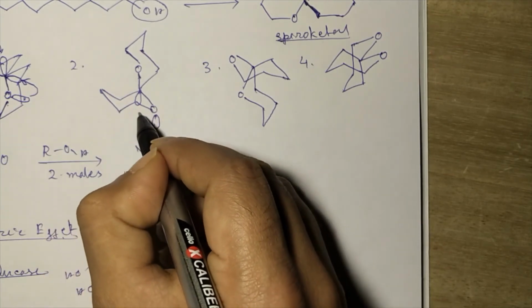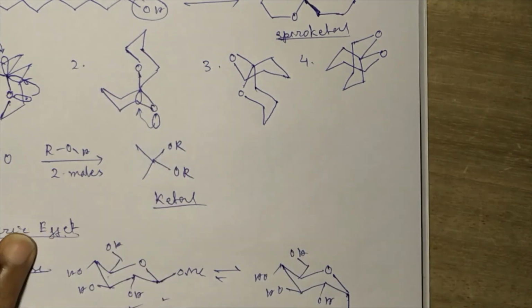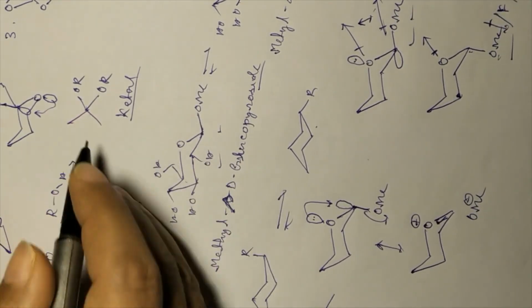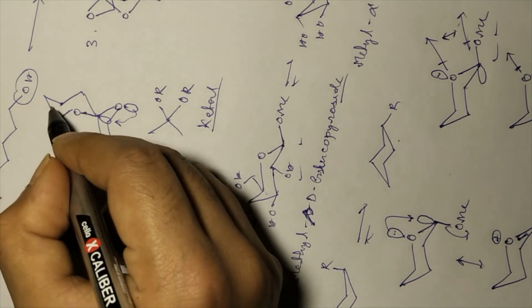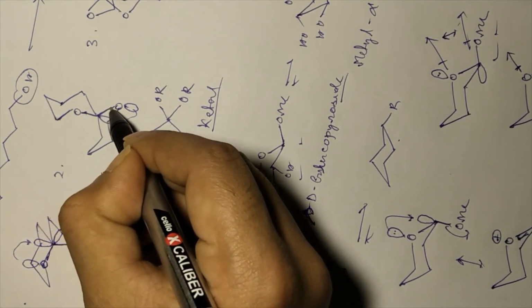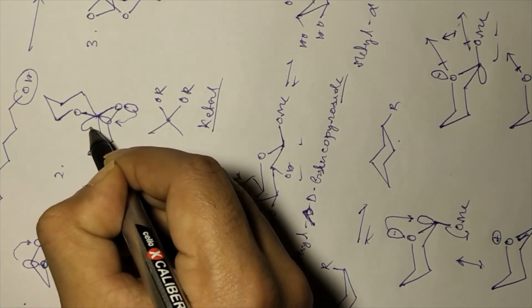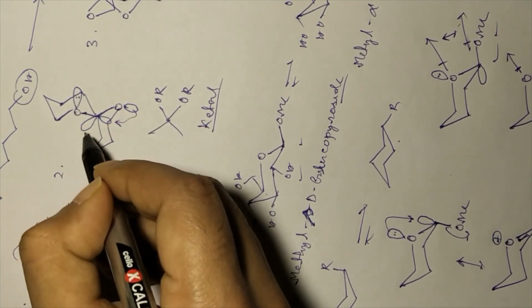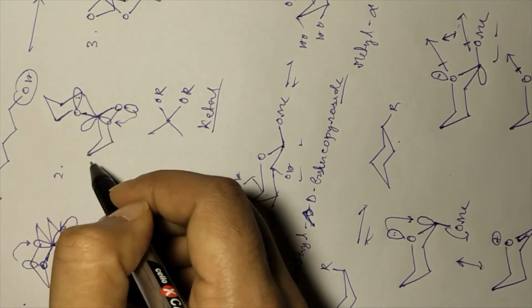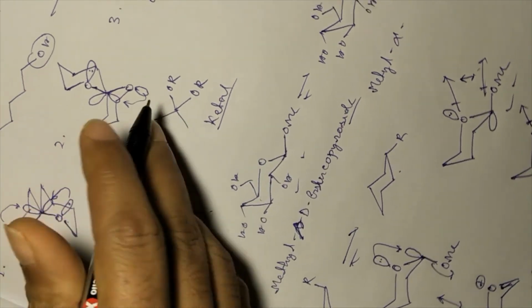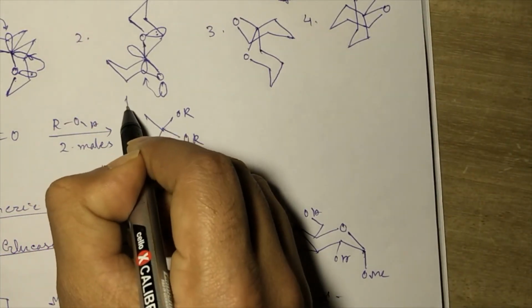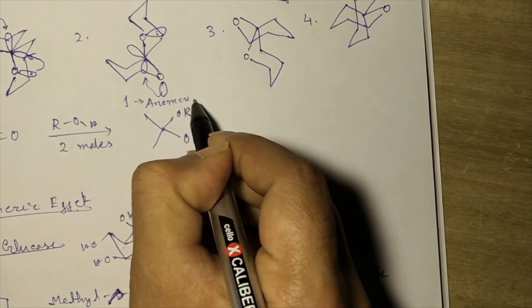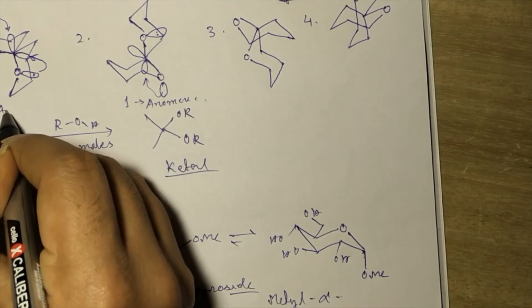But in the case of this ring, this group is in the equatorial position. So here the antibonding orbital is there and the lone pair is in this direction, so the anomeric effect will not be observed. So here only one anomeric effect will be observed. One anomeric effect. Here two anomeric effects.